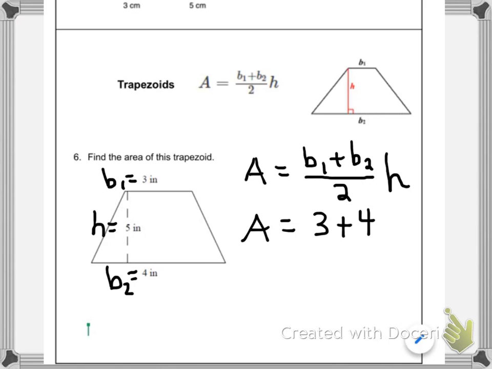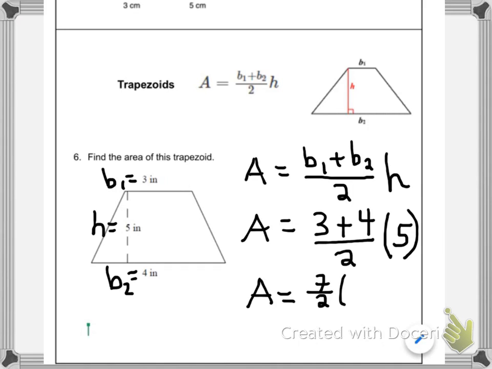We've substituted in B1 and B2, and we divide by 2. And then we will multiply by our 5, which is h. Area equals 3 plus 4 is 7 over 2 times 5.